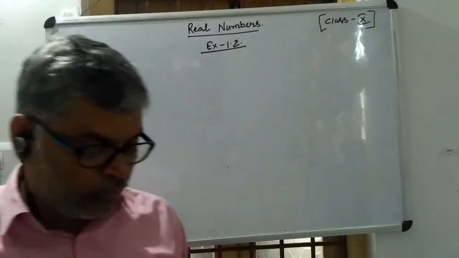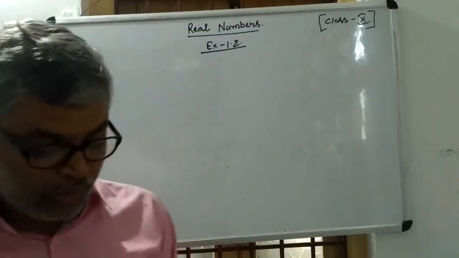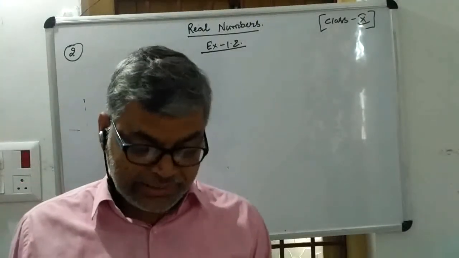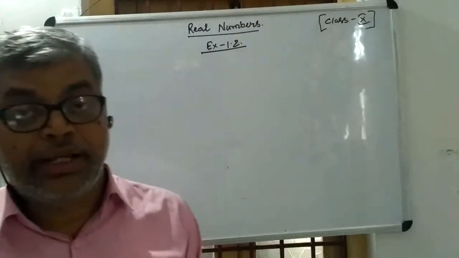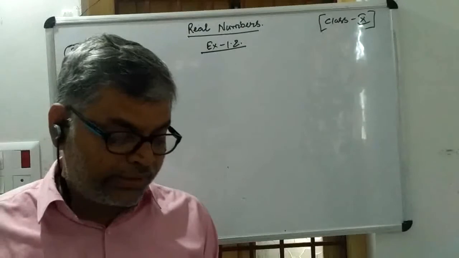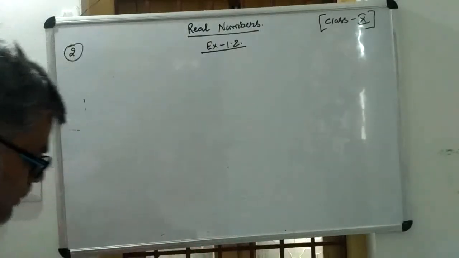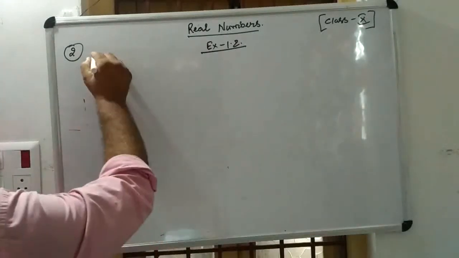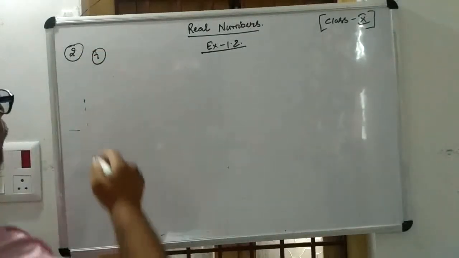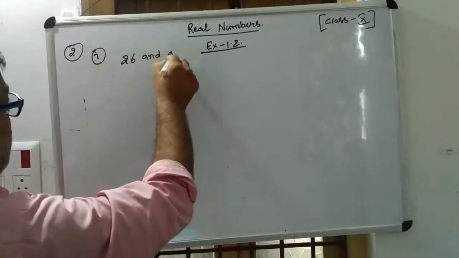Question number 2 is, find the LCM and HCF of the following pairs of integers, and you have to verify the relation LCM into HCF equals the product of the two numbers. Two numbers are given. Suppose we take the first part, where the numbers are 26 and 91.